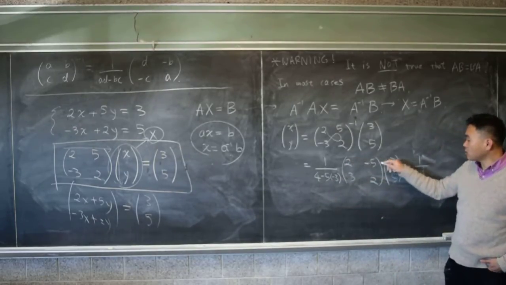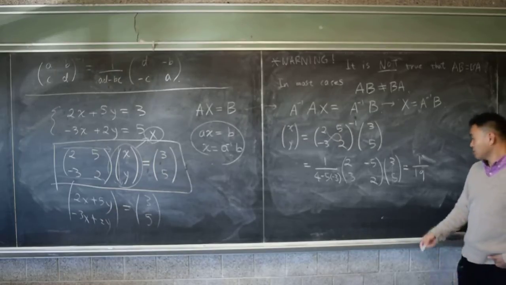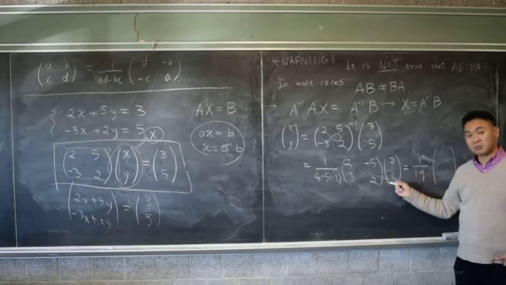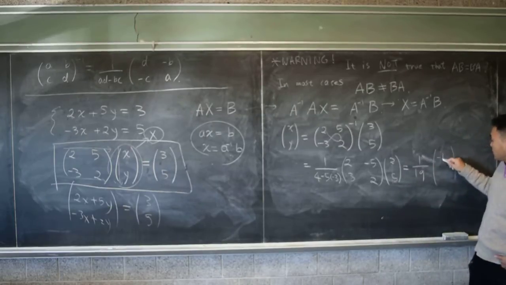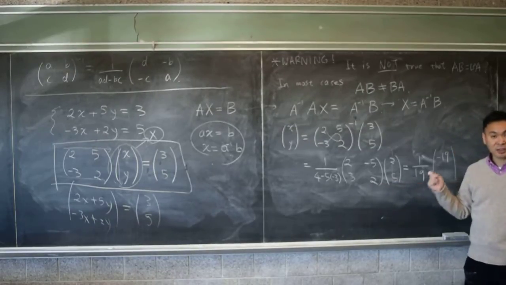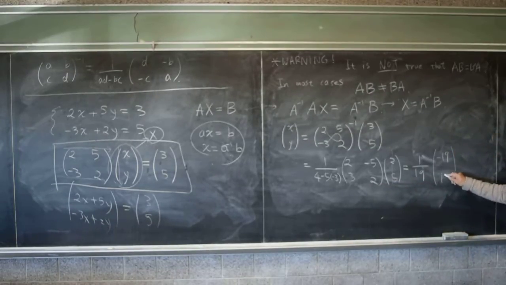And then I have to multiply these. So let's see. 2 times 3 is 6. Negative 5 times 5 is negative 25, so negative 19. 3 times 3 is 9. 2 times 5 is 10. 10 plus 9 is positive 19. So when you divide, you end up with negative 1 and 1.